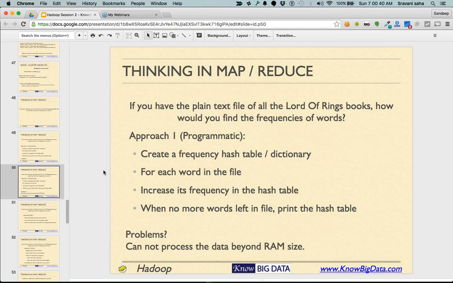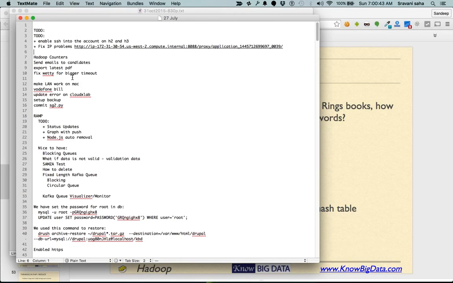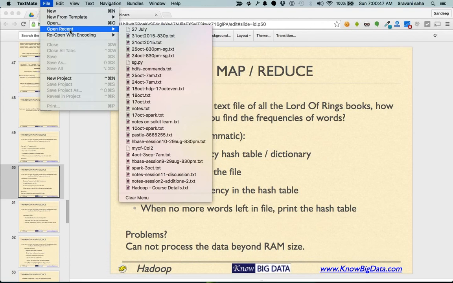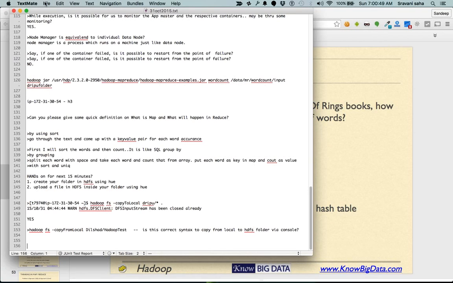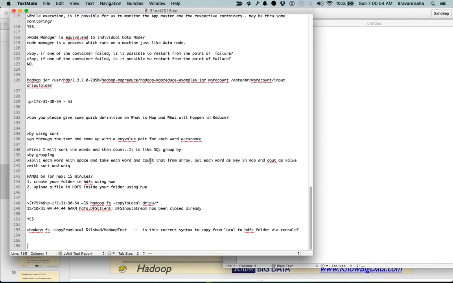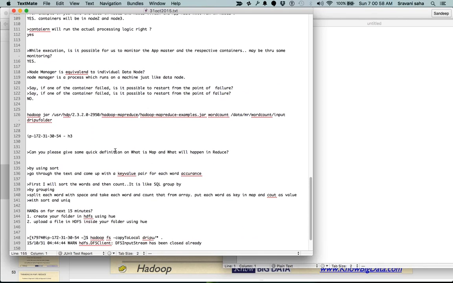One of the approaches, there were three more approaches yesterday, and let me just have a look at it. So these were the few approaches which we discussed yesterday.